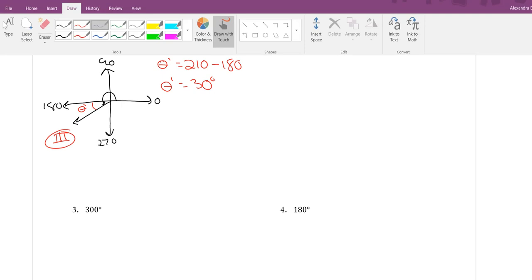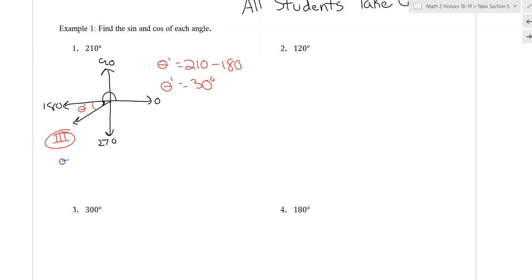Our next step is to find the sine and cosine of 30. Right? Sine of 30 degrees is 1/2. Cosine of 30 degrees is square root 3 over 2.